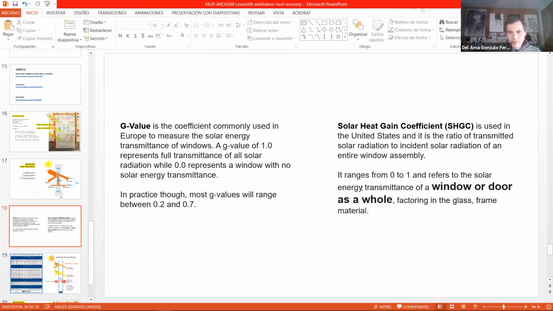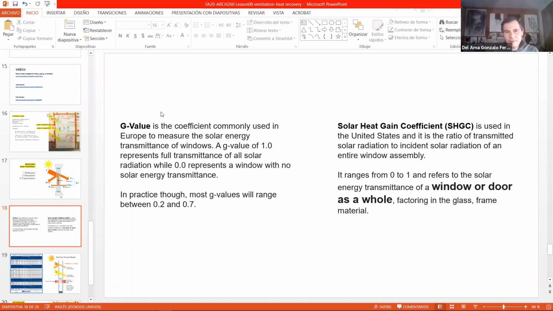So I don't know. I think it's the same. I mean, there's a difference, but if you look at the window, the frame is something very small compared to the area of the glass. The larger the window, the less the amount of frame that we have. Basically, we have a huge glass and we have a very narrow frame around it.